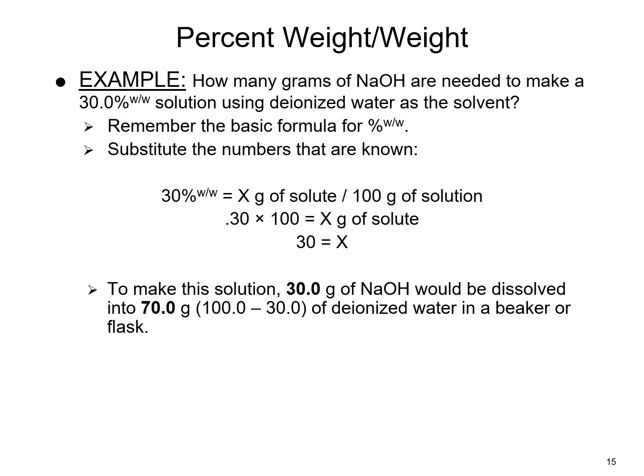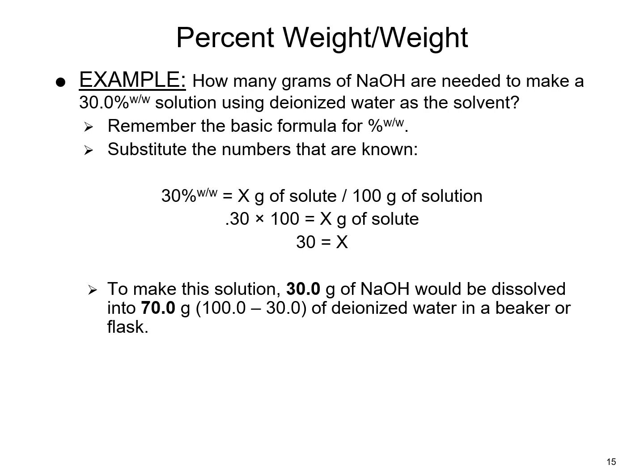In this example, we want to know how many grams of sodium hydroxide are needed to make a 30% weight per weight solution using deionized water as the solvent. To solve this, we use the basic formula for percent weight per weight, and then we substitute in the numbers that we know. So we know the 30% is what we are looking for as our outcome.